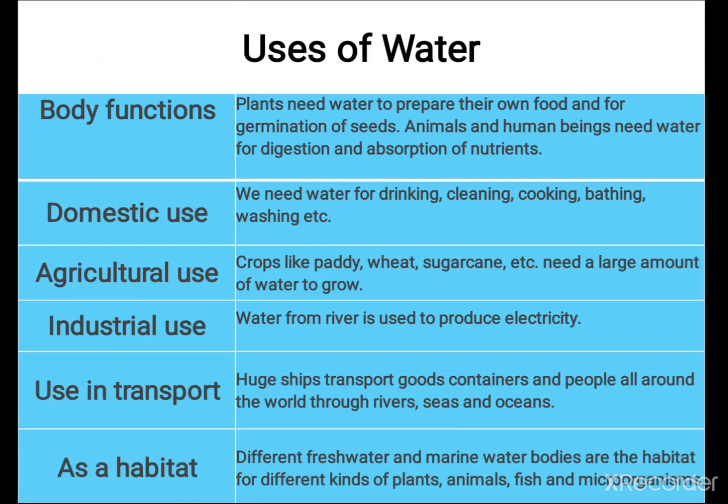Uses of water. Body functions. Plants need water to prepare their own food and for germination of seeds. Animals and human beings need water for digestion and absorption of nutrients.